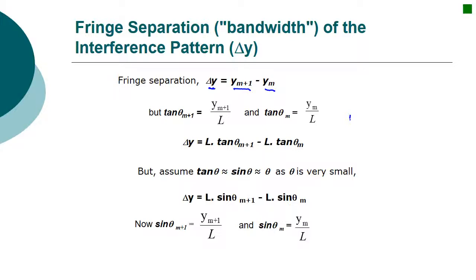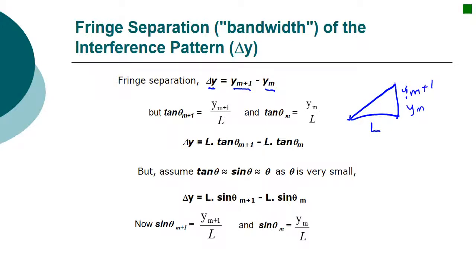So what we do have, if we draw our scenario, sorry about the crudeness of my drawing, is the distance of the screen away, L, and over here we're going to have a value of y. Now we might have y of m plus 1, or we could have y of just m. So those are the two options depending on which point we're looking at first.